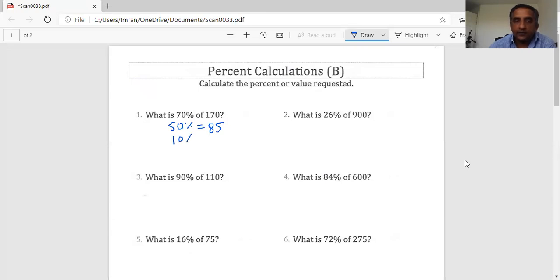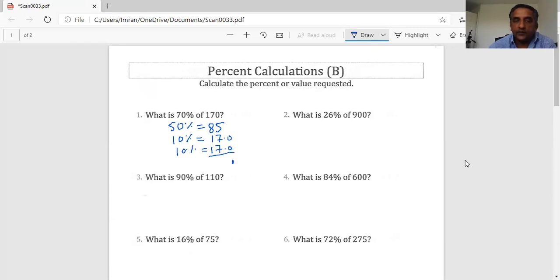Remember, I told you in the previous video that for 10% we move the decimal to the left, so 170 will become 17.0, and then another 10% will again be 17.0. Now we can start adding them.